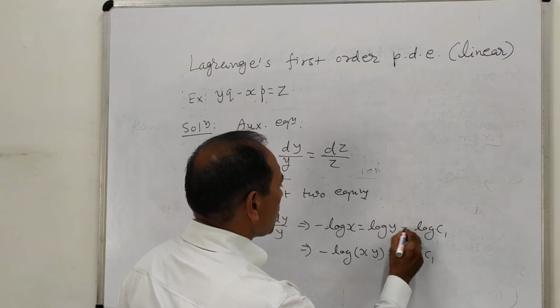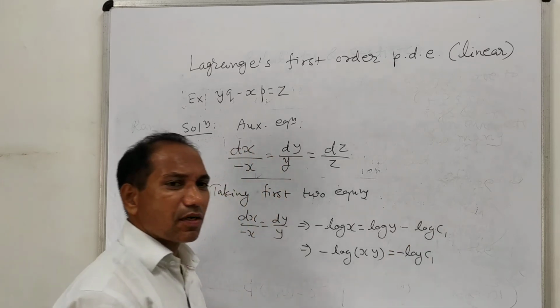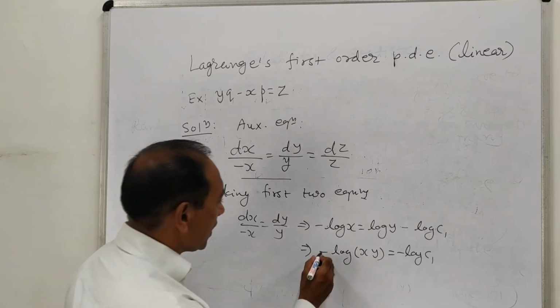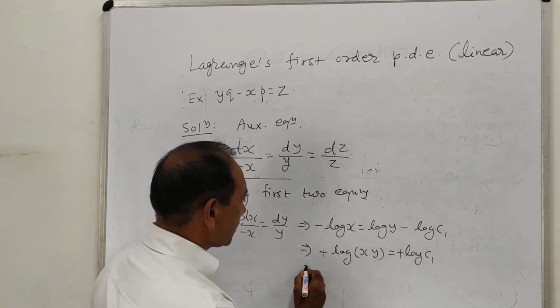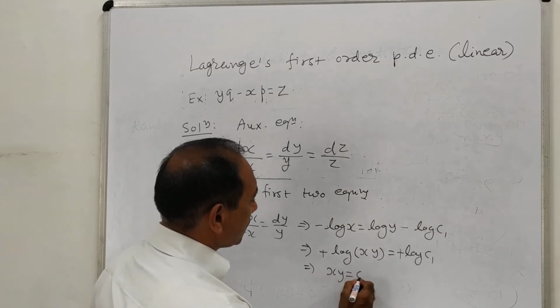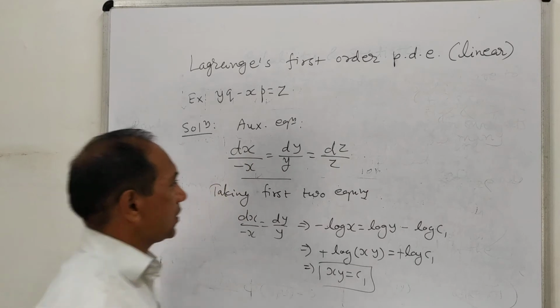Actually here we can also put minus sign if we want, because this is an arbitrary constant, we can consider this into any common, and this minus sign is only considered to avoid the minus sign on left hand side. So we will have xy equal to c1, and this is our first solution.